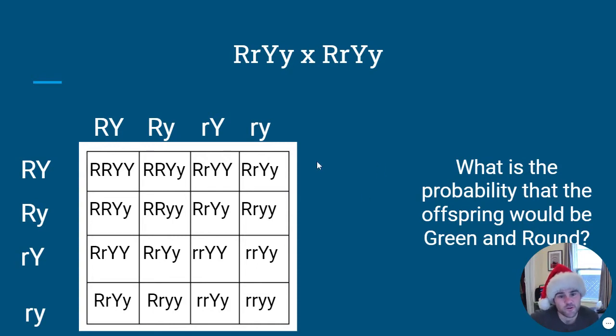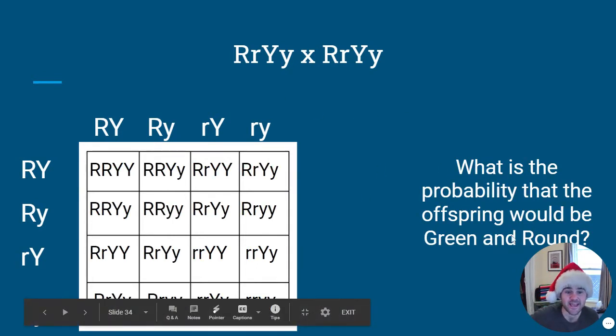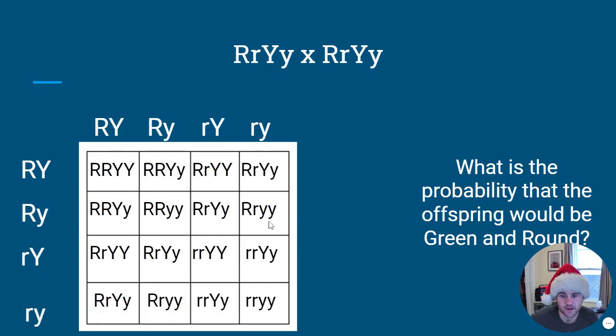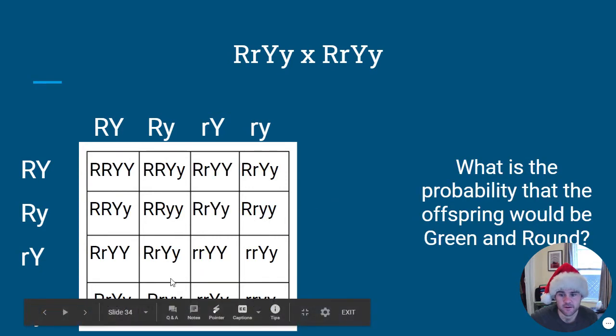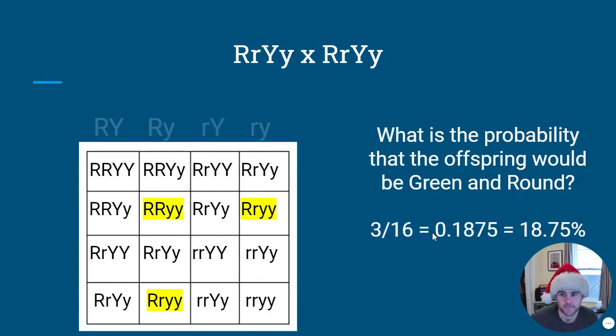And so now I'm going to ask you a question. What is the probability that the offspring would be both green and round? Well, there's 16 total boxes here. And I'm looking for green, which is little y, and round, which is containing a big R. So we have 1, 2, any others that you see? 3, very good.